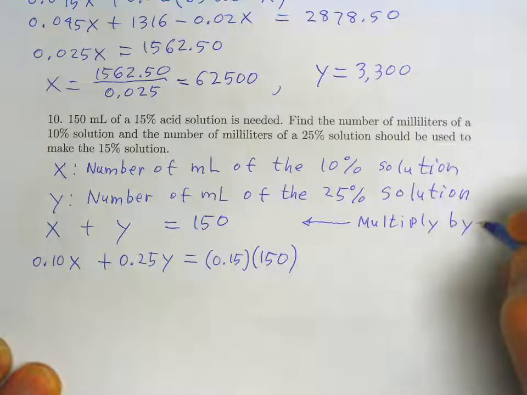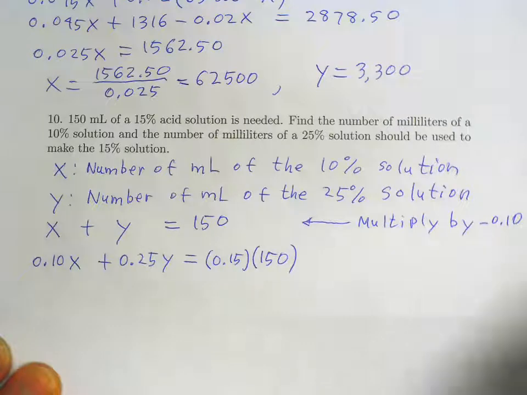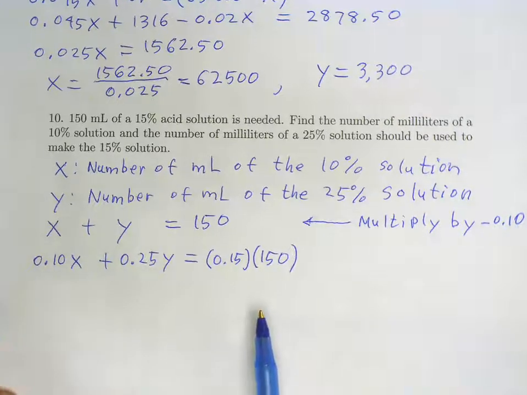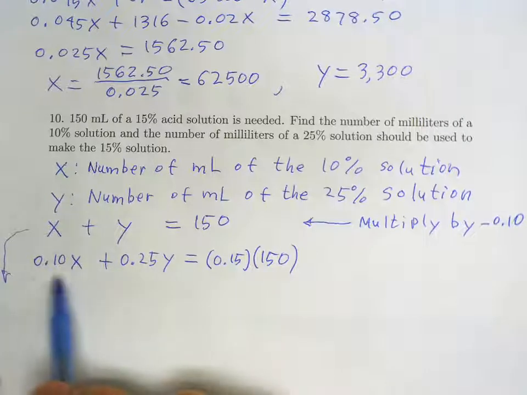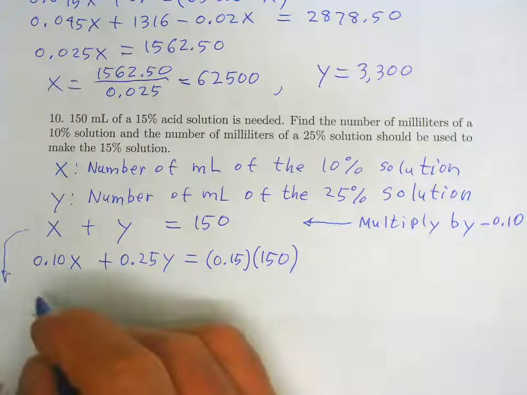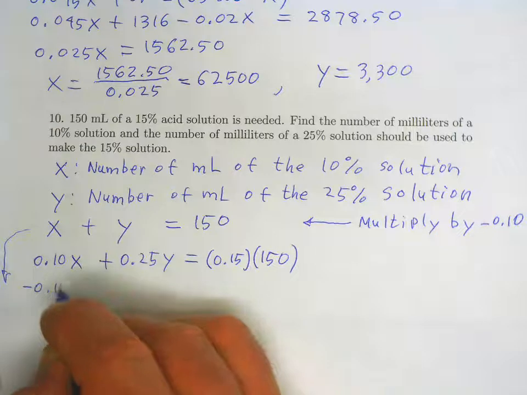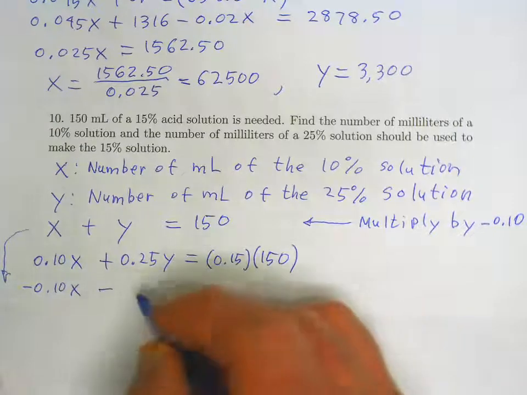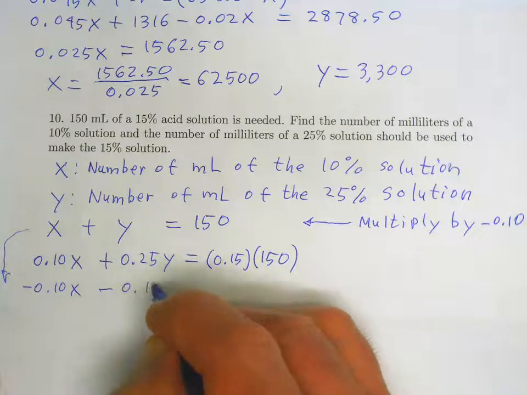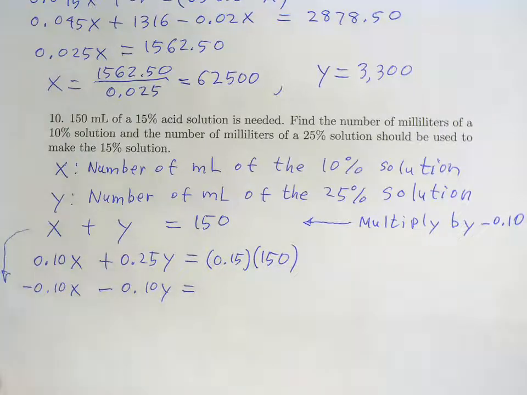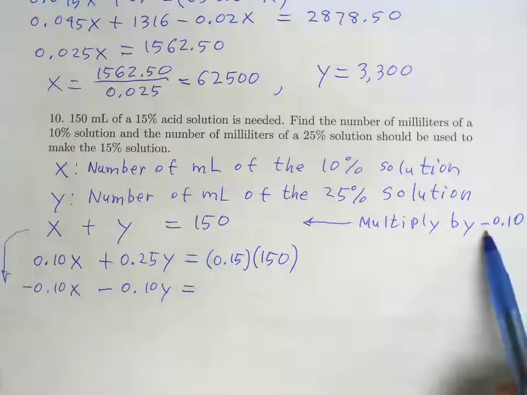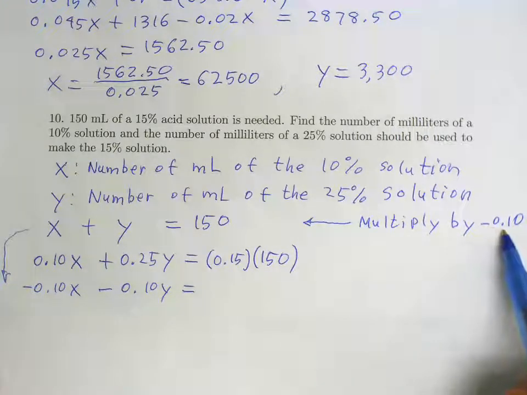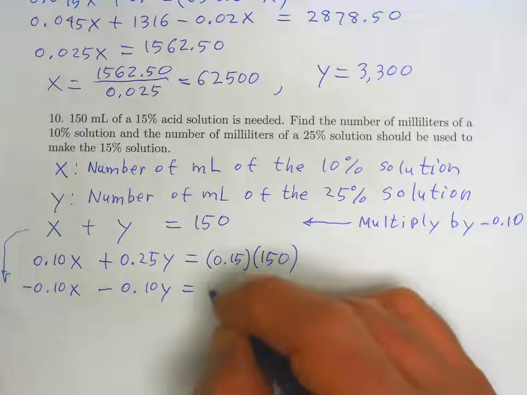And then I'll just put it below this second equation. So I'll get negative 0.10x minus 0.10y. And then 150 times negative 0.1 is just negative 15.